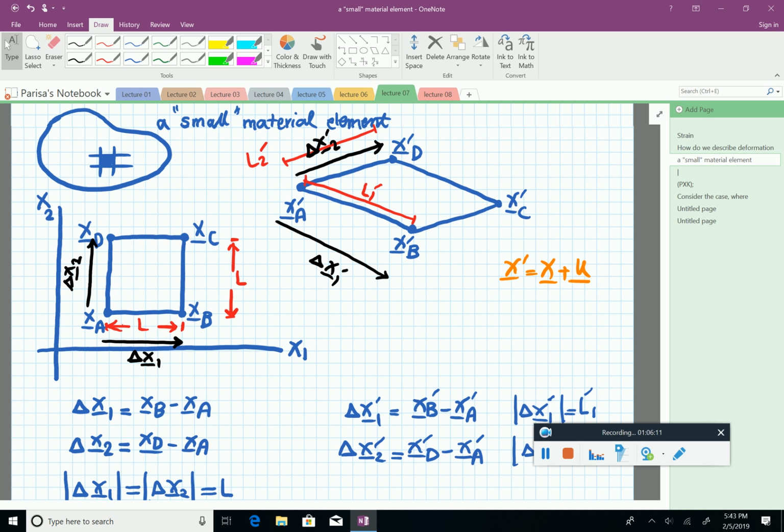So the first component is L, the second component is 0. So the vector delta x1 is parallel to x1, so it doesn't have any component in the second.